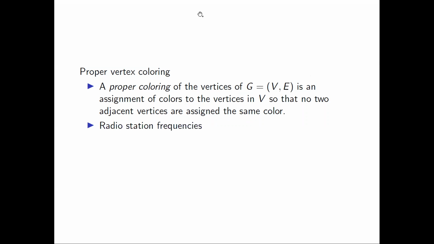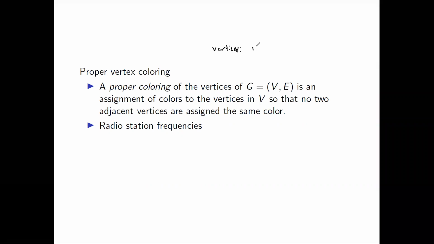So for example, we could have a graph where the vertices are radio stations. And for the edges, we will put an edge between two radio stations if they are too close to be assigned the same frequency without interfering with each other.